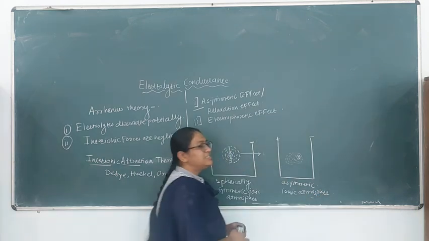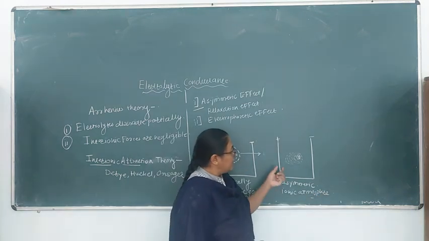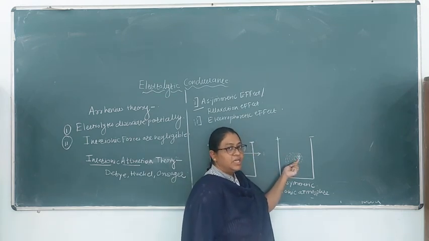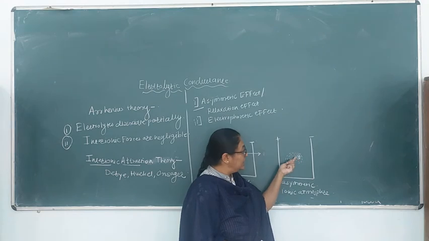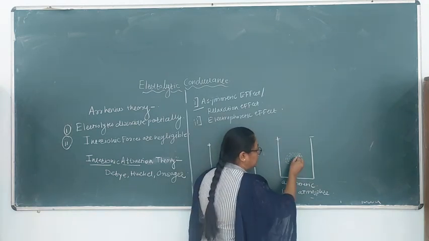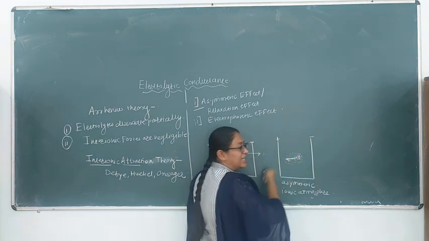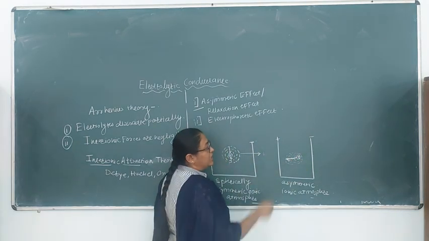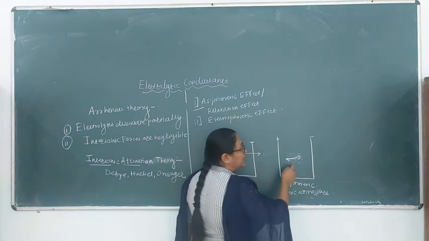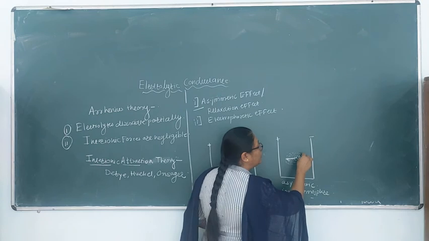In this asymmetric ionic atmosphere, this positive ion will experience a net backward pull in this direction. It will be attracted. Why? Because now the density of the negative charges is greater on the back side than on the front side.